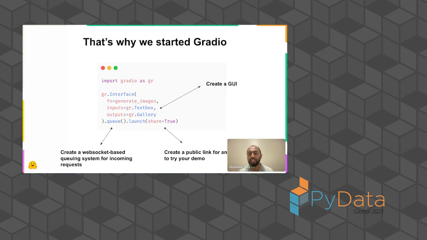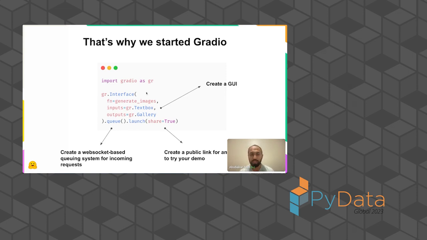What the Interface class does is it creates a GUI for you for any sort of input/output model. So let's think about a typical example. Let's say you build a model to generate images based on a text prompt. This is something like Stable Diffusion or the recent Playground V2 model that came out. There's a lot of models in this vein now.